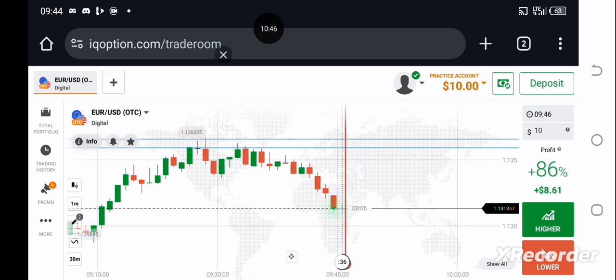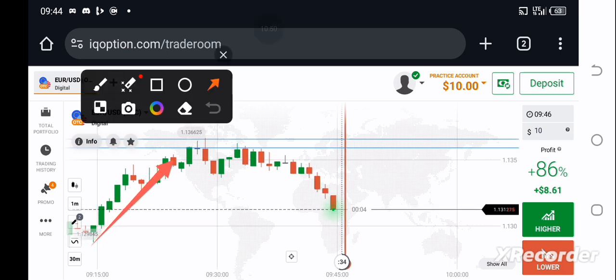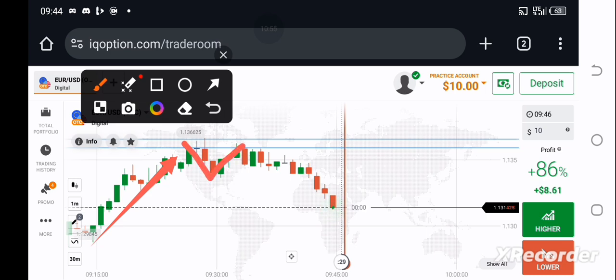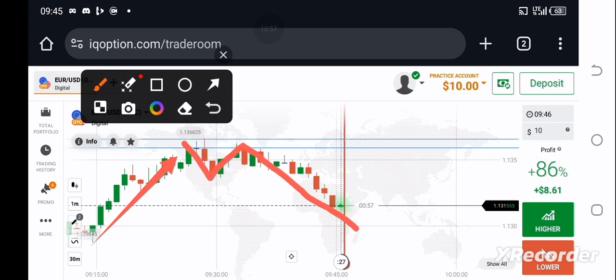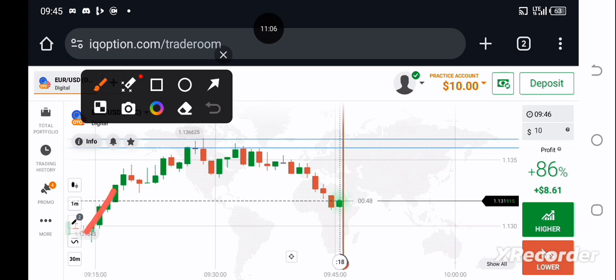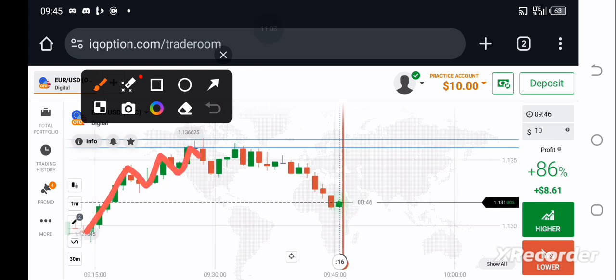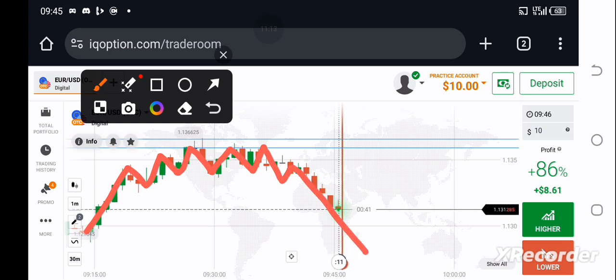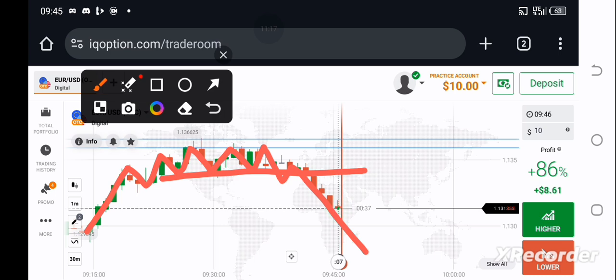Okay, you can see the market goes up like this, and when it got to that level, it goes down like this, and then like this. So you can see after breakout of this particular level, the market shoots down like this.